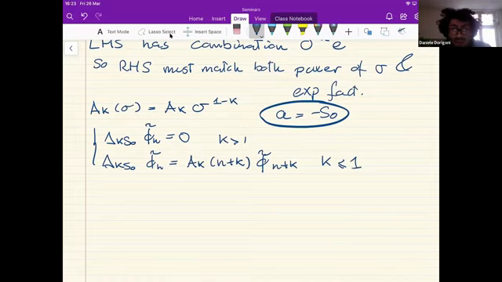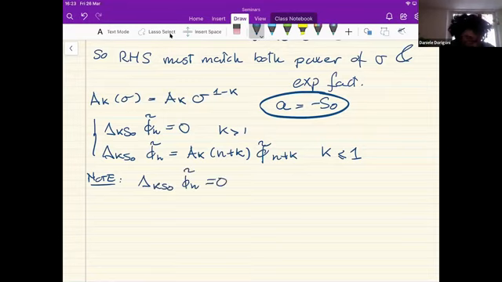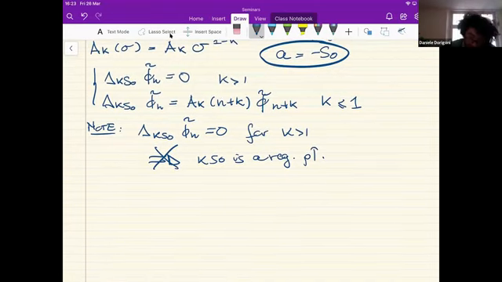So we get this infinite set of equations for the alien derivatives. And remember, let me write it again, note, just because the alien derivative at a point is vanishing for k bigger than 1, you cannot infer that k S naught is a regular point. We saw yesterday an example precisely that was going against this. So for example, delta 2 S naught applied to the perturbative expansion.